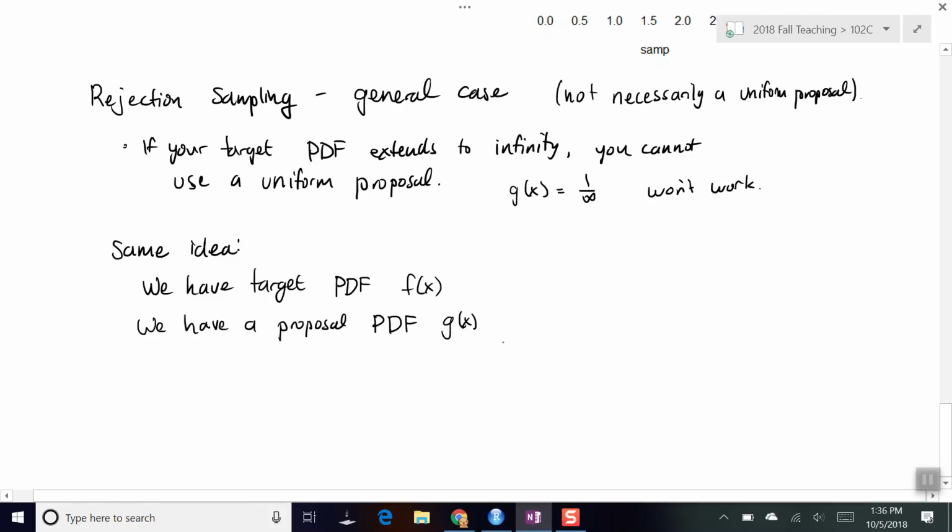And the only requirement is that the support of g of x has to fully contain the support of f of x. Or, the support of f of x has to be fully inside the support of g of x.